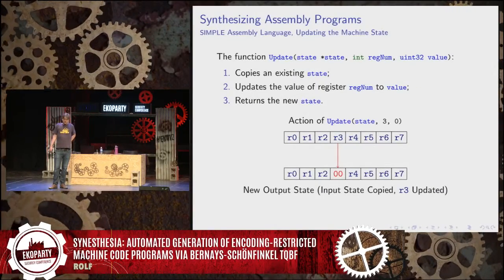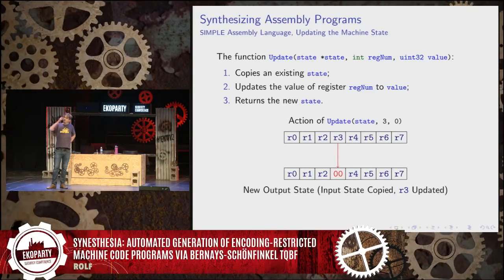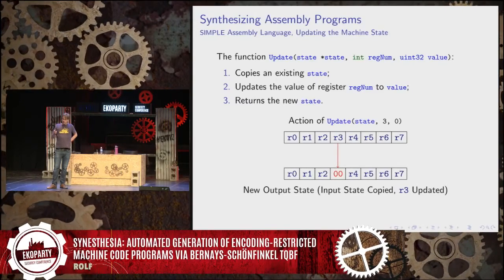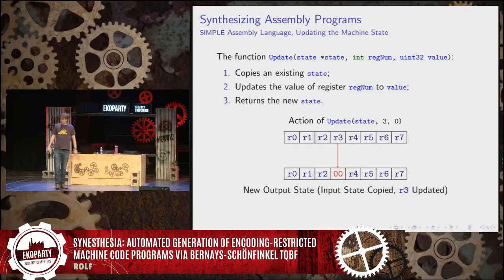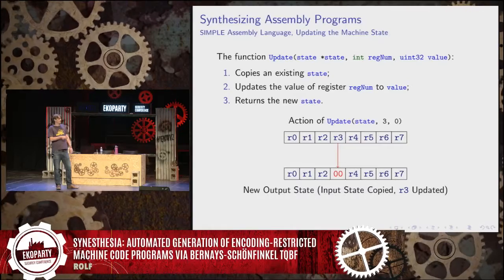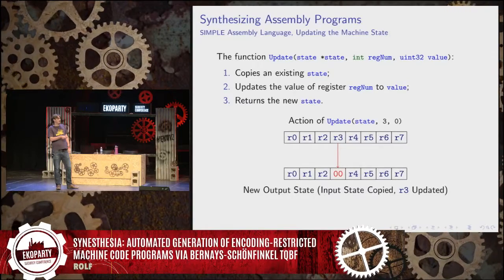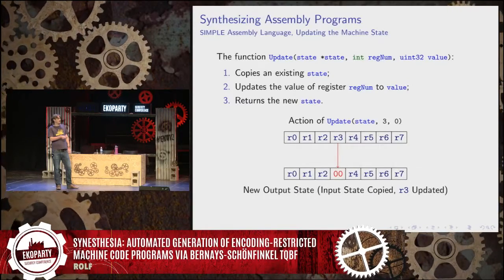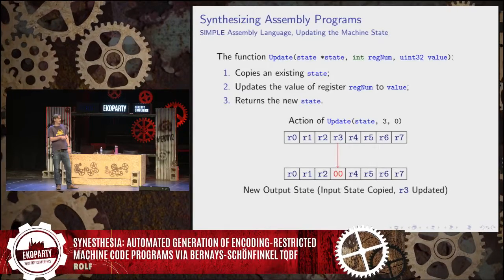So given that all these simple assembly language instructions are going to modify the state, we're going to write a little function called update that modifies a state. It's very simple. It just takes in some existing state, which register you want to modify, and what the new value of that register is.